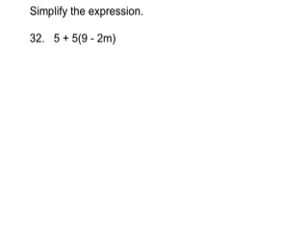32. 5 plus 5 times 9 minus 2m in parentheses. Okay, so we've got to solve. We have a distribution thing here, this part. And after we're done distributing, we're going to have some combining like terms.